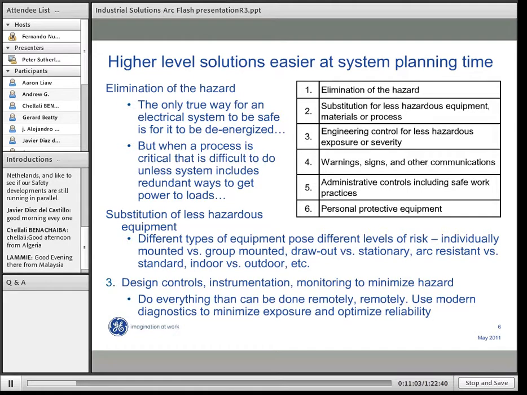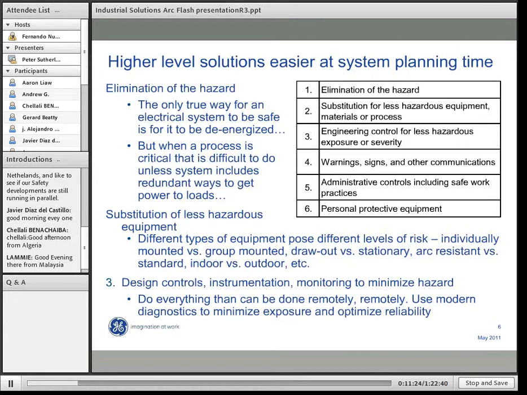That is the best way. However, it's not often possible to do that because of critical industrial processes which have to run 24/7.